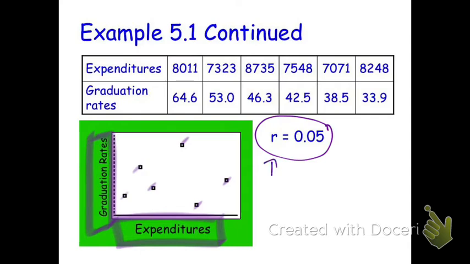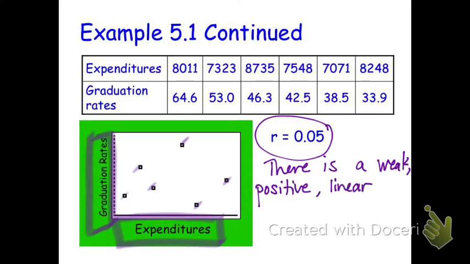So I'm going to say there is a weak, positive, linear relationship. You always have to use the word linear. You can say relationship or correlation between expenditures and graduation rates. You just put linear and you can get points.